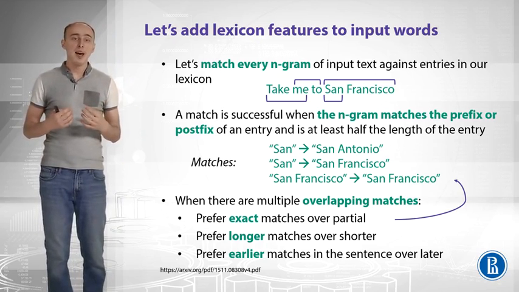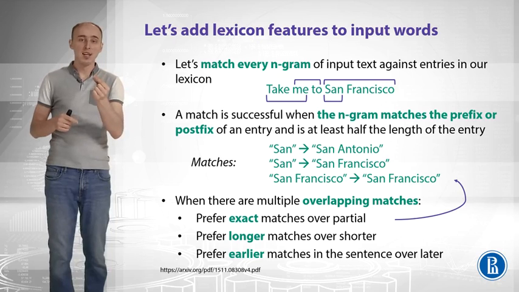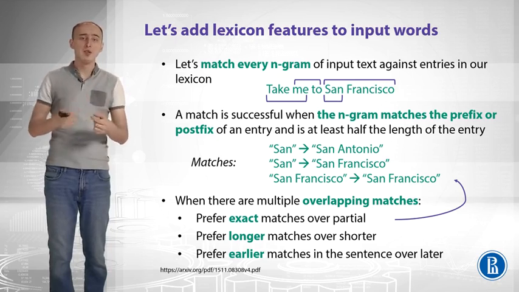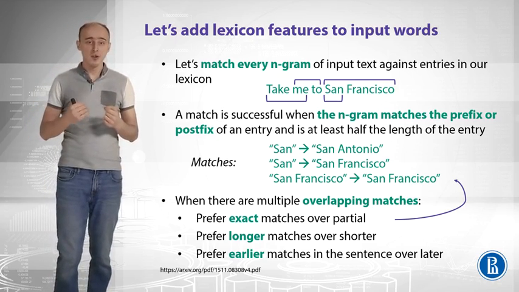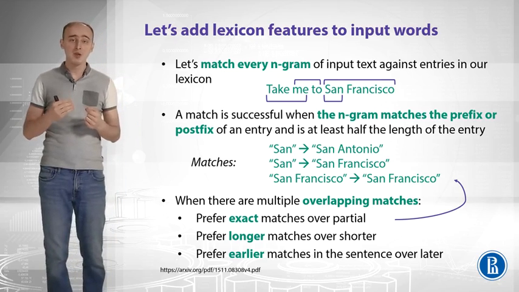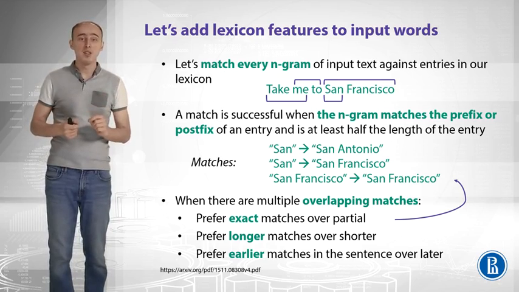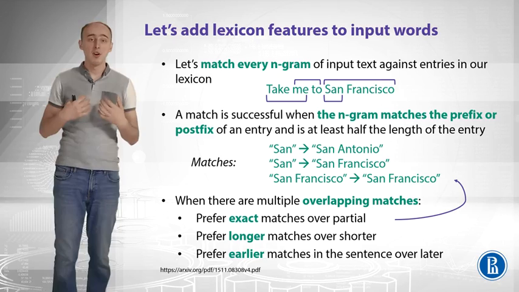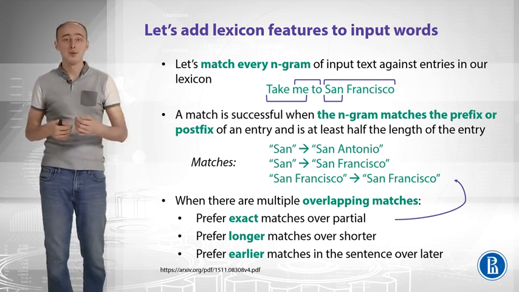When we have overlapping matches, that means that one word can be used in different n-grams, and we need to decide which one is better. And we will prefer them in the following order. First, we will prefer exact matches over partial. So, if the word San is used in San Francisco and that is an exact match, then it is preferable to, let's say, the match of San with San Antonio.